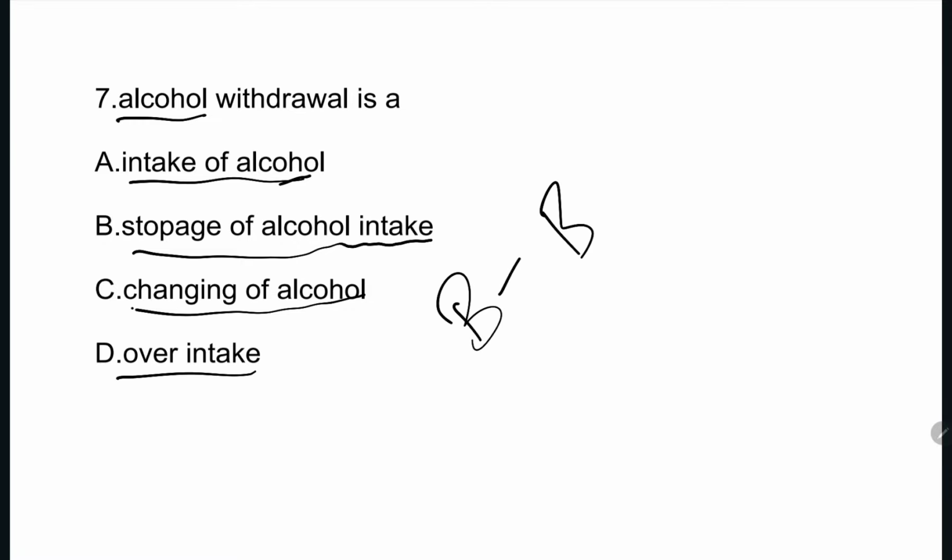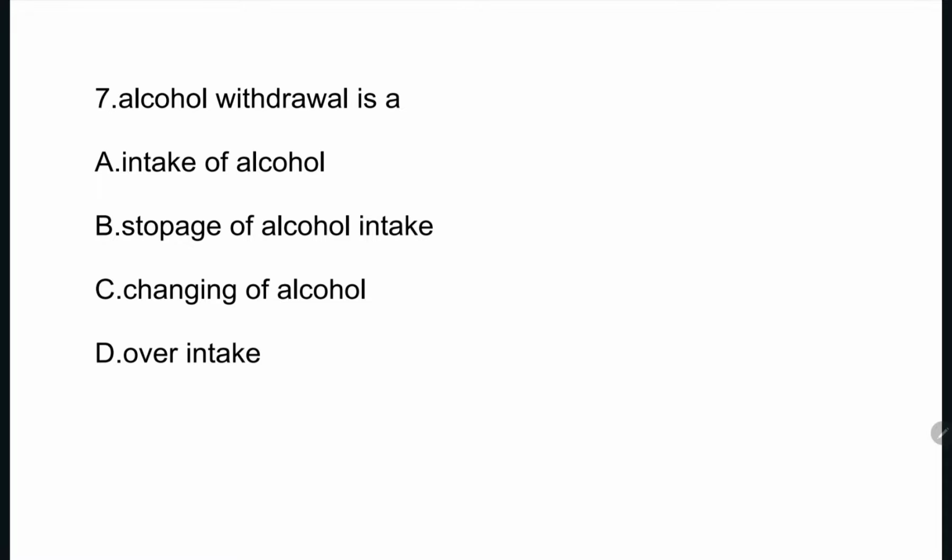Option D, over intake of alcohol. So what do you think? What do you mean by alcohol withdrawal? The right option is the stoppage of alcohol. Okay, when the person takes a break from alcohol intake, it leads to alcohol withdrawal syndrome.